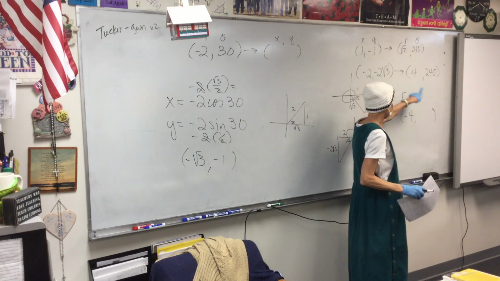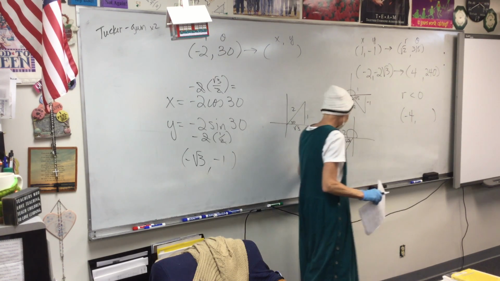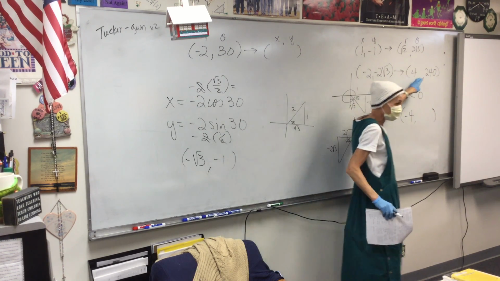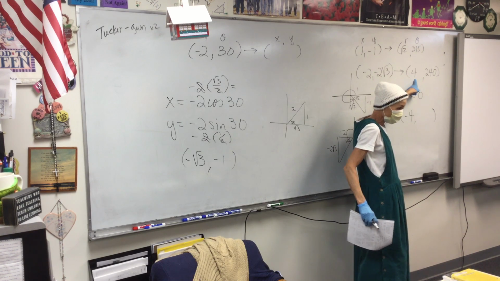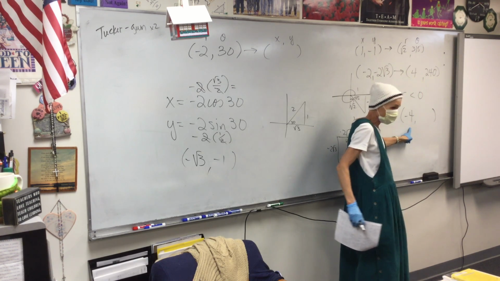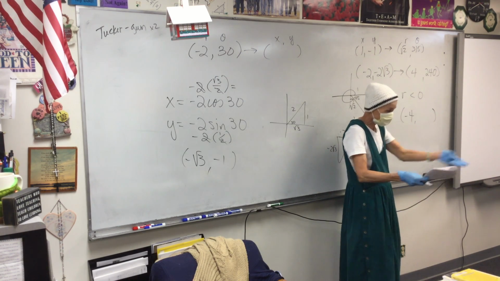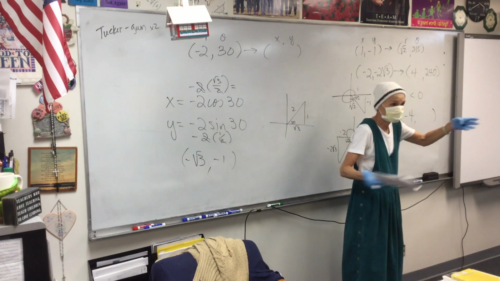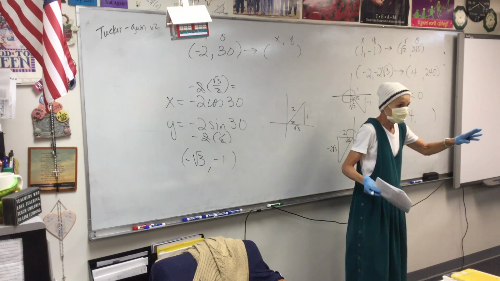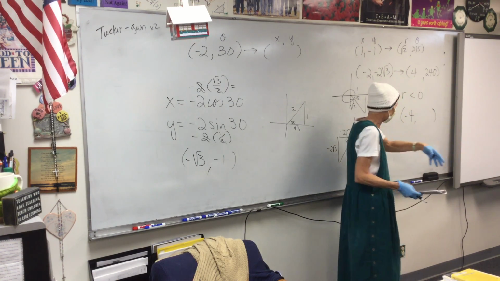The radius was 4. You got that from the picture. Everything was perfect, and this is the right answer, but that has a positive r. The problem says we want a negative r. It's just arbitrary. I would never do that otherwise, but because it says, I'm doing it.